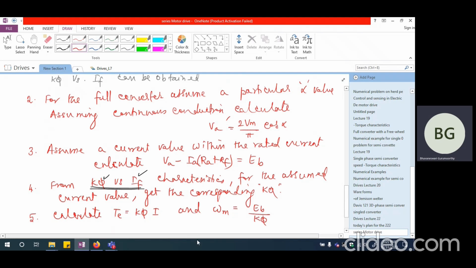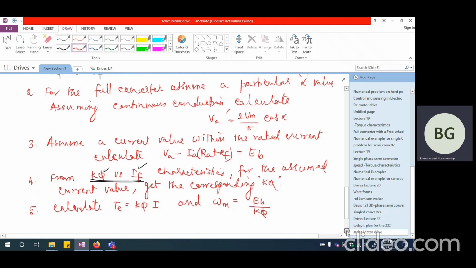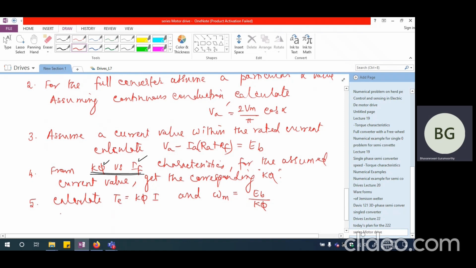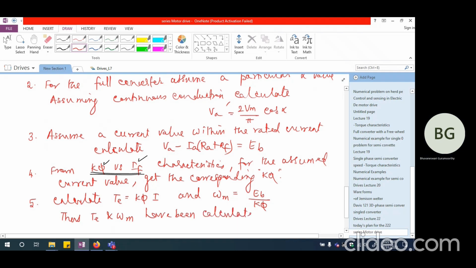So you have got both torque and omega. So you can say thus TE and omega m have been calculated at I1, the first current value, or at the assumed current value.